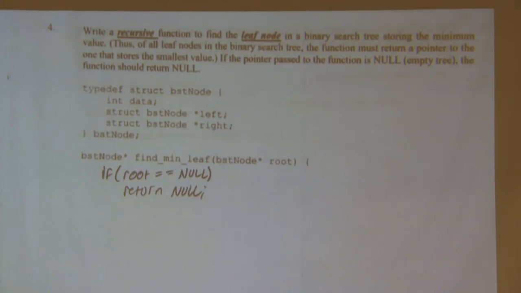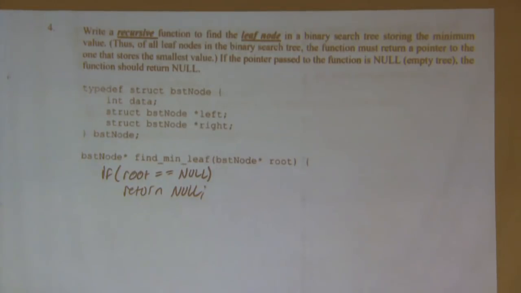And so when we're writing recursive stuff, we need to have base cases. And so what would be a good base case to write for this one? So we figured out that our tree isn't empty, and we're looking specifically for leaf nodes. So what could be a good base case? Yeah, what do you think?